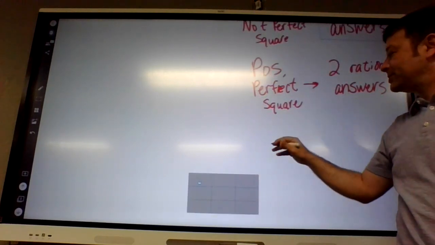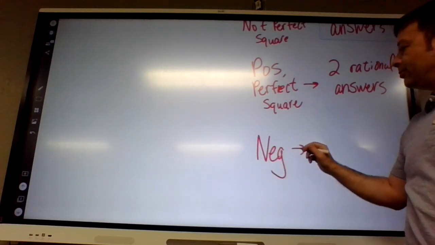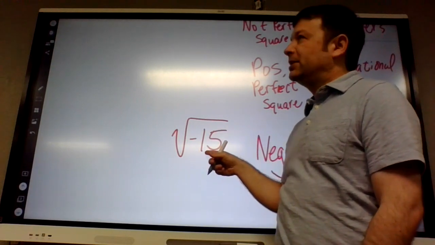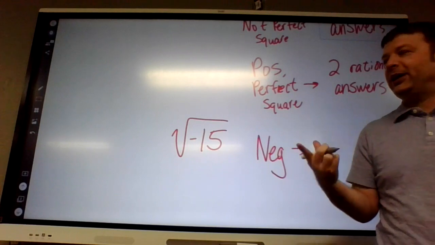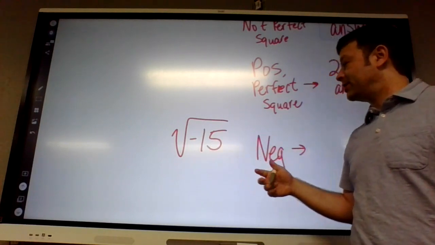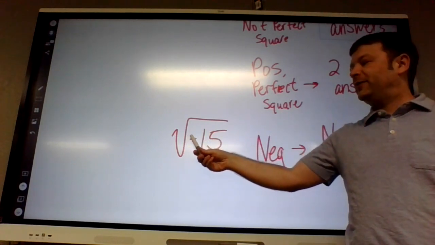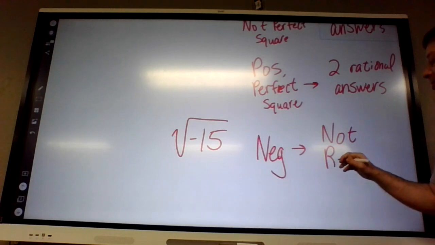And what did not happen yesterday? No real. Negatives. What happens if you get a negative under the square root? It's nothing. Okay, it's not real. There is something called imaginary, that'd be an Algebra 2 thing, but for our purposes, if you get a negative under the square root, we're just going to put not real. So this could actually happen today.